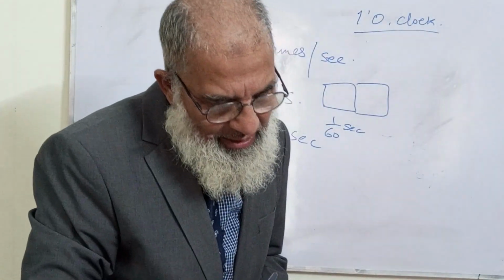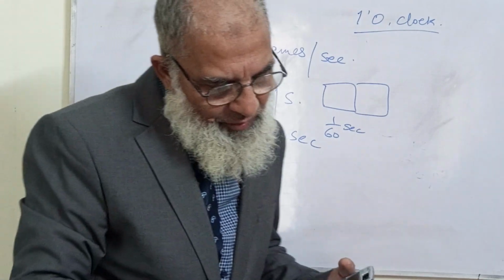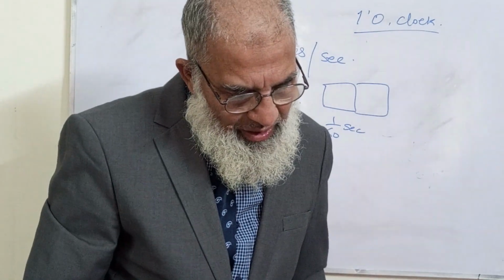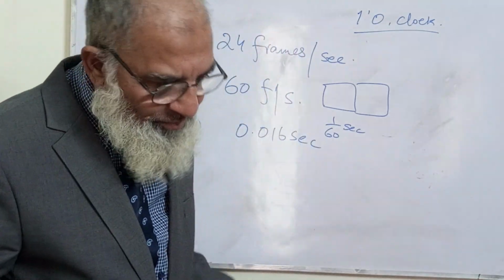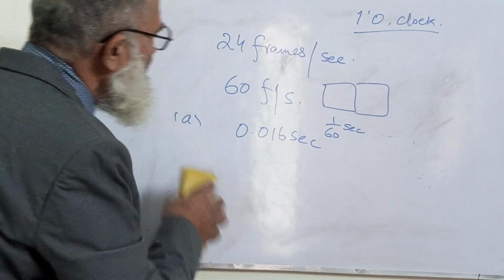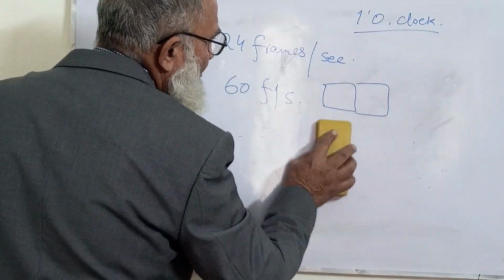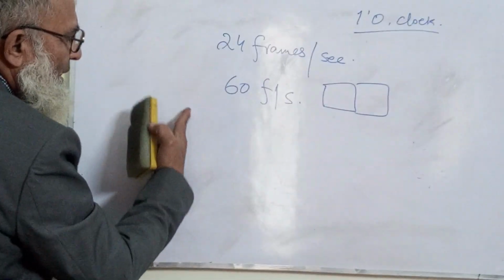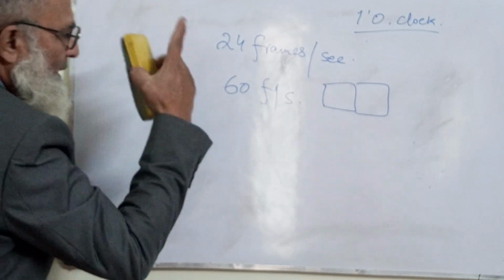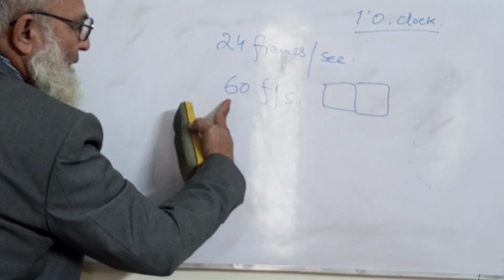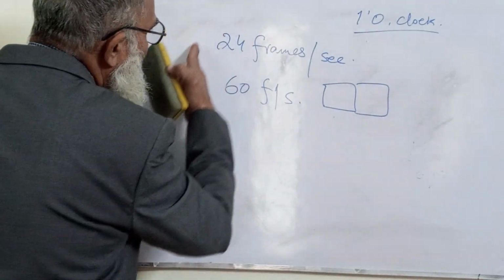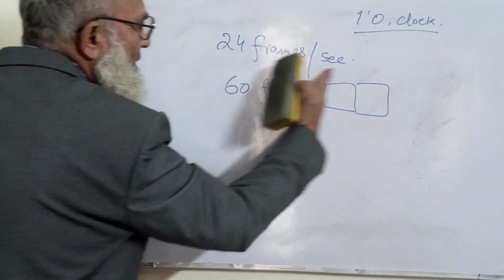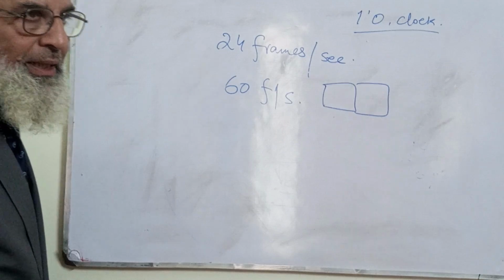Yes, this is the interesting question. If we can see 24 frames as continuous motion, what is the factor if recorded at 60 frames? We slow down. We have recorded the event at 60 frames per second, and we want to run it at this speed.